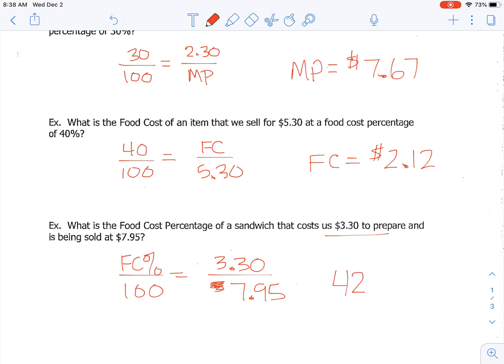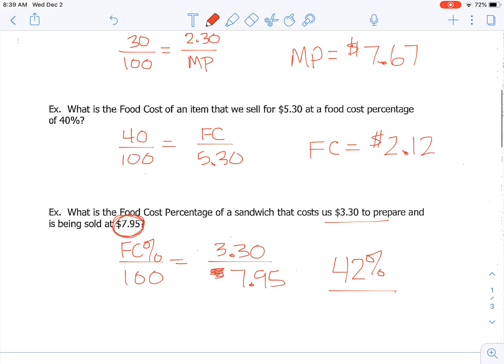We're always just going to round to a whole number and say 42. So 42%. So out of this menu price, out of this $7.95, 42% of it is going to buy the ingredients to make it. 42% is a very high food cost percentage. And we're going to talk here in a little bit about a high food cost percentage and what does it do and how does it affect everything else.